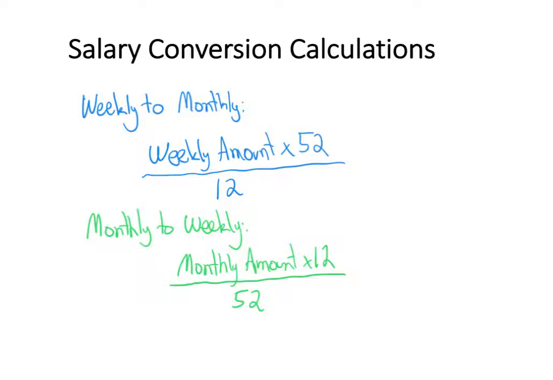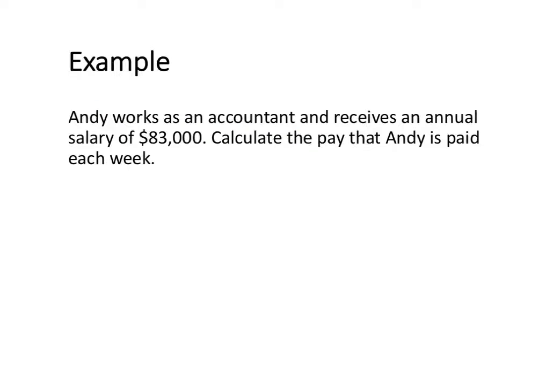So let's have a look at a couple of calculations where we are converting our salary into different time periods. Andy works as an accountant and receives an annual salary of $83,000. We want to calculate the pay that Andy is paid each week. So we know that Andy gets paid $83,000 and we want to convert it into a weekly amount.